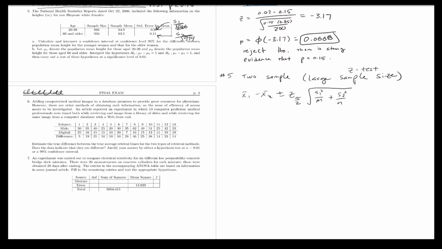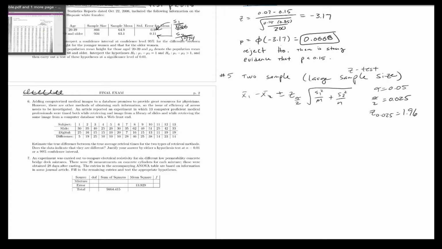So for that confidence interval, alpha equals 0.05, so alpha over 2 is going to be 0.025. And so z sub 0.025, I believe, is 1.96.